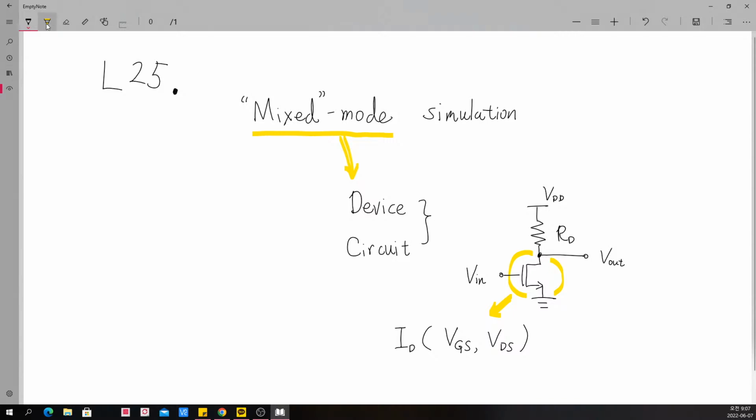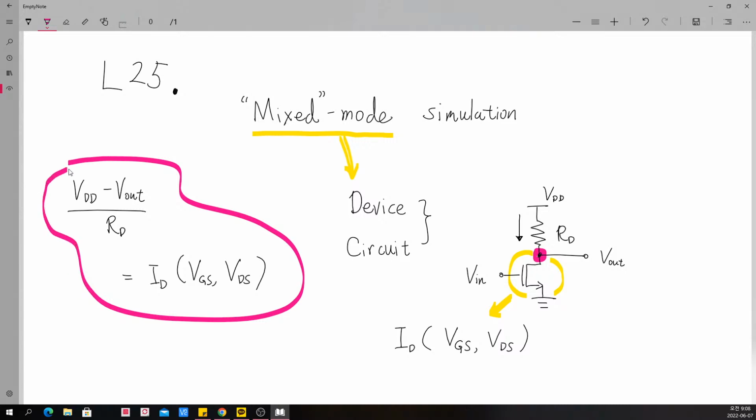When we apply Kirchhoff's current law to this node, we can immediately see that (V_DD minus V_out) divided by R_D, which is the current flowing through this drain side resistor, should be balanced with I_D(V_GS, V_DS).